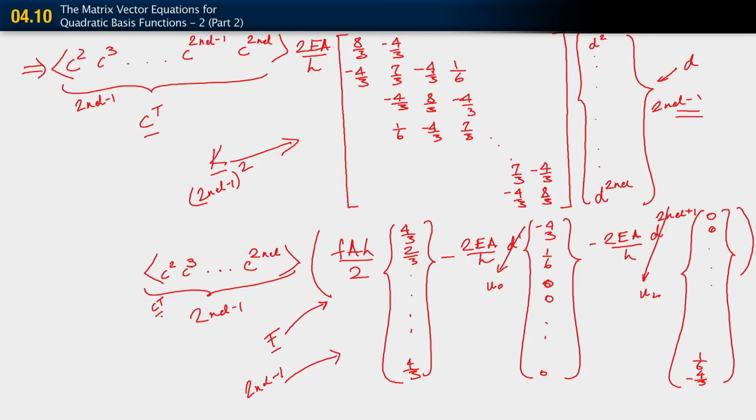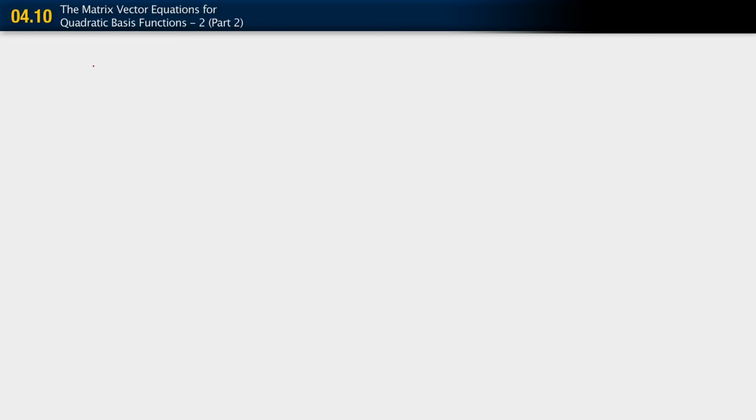Okay, putting it all together, again, for this Dirichlet-Dirichlet problem, we end up with C transpose KD equals C transpose F, just as we did for the Dirichlet-Neumann problem.